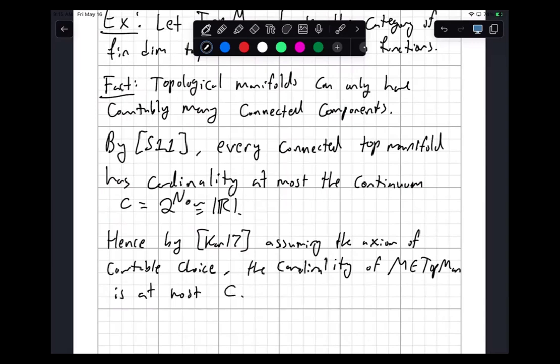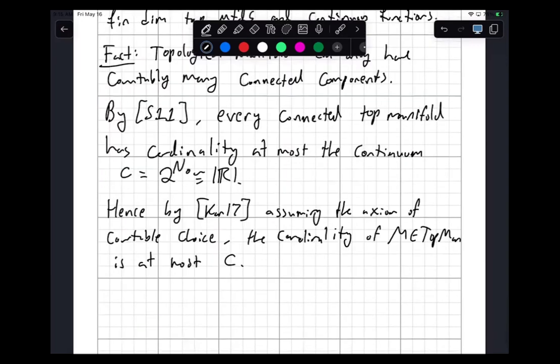The idea there is that you do some cardinal arithmetic. You start off with a countable number of continuums, and then you can manipulate that down to just being the continuum. I'm not going to go too much into it, but the cardinality of every topological manifold is at most the continuum.